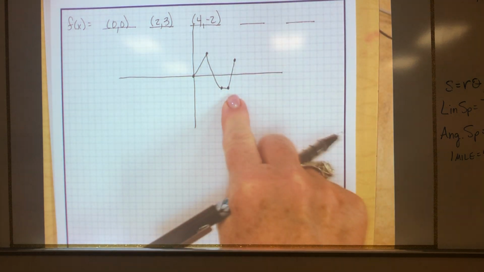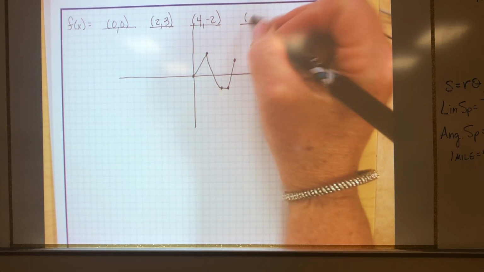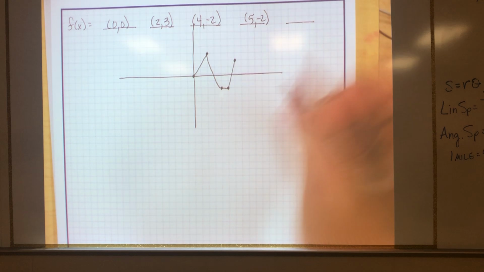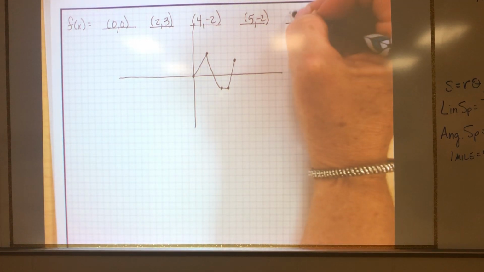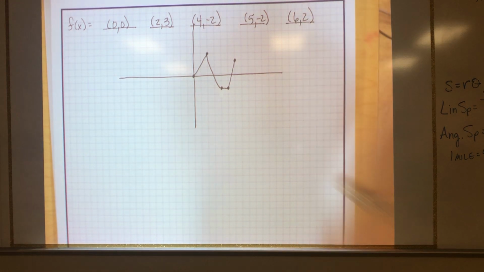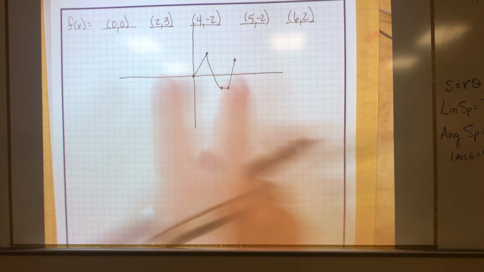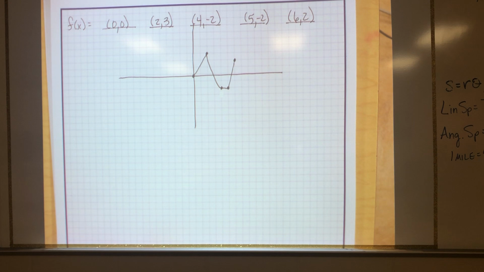The next one's just 1 to the right, so that's what? 5, negative 2. And the next one is 1 more to the right, but it's 2 up, so that would be 6, 2. Good. Okay, if you get these points out of order, it's going to mess up everything else down your paper, all right? And I won't know how to grade it, so be careful with that.